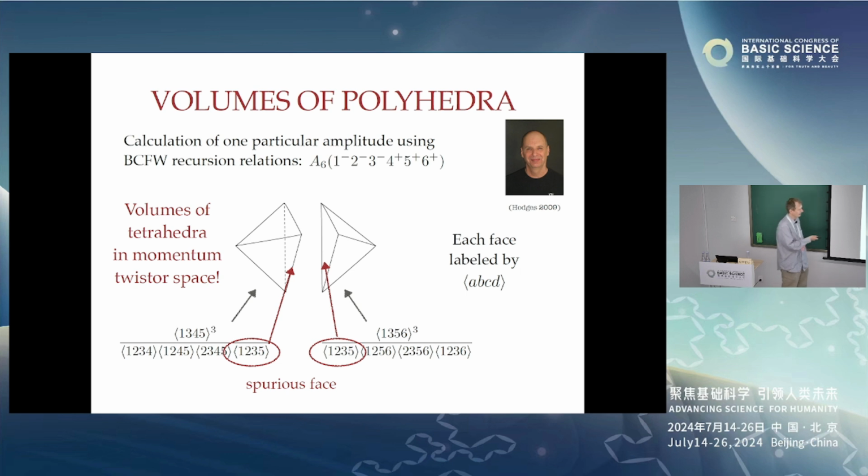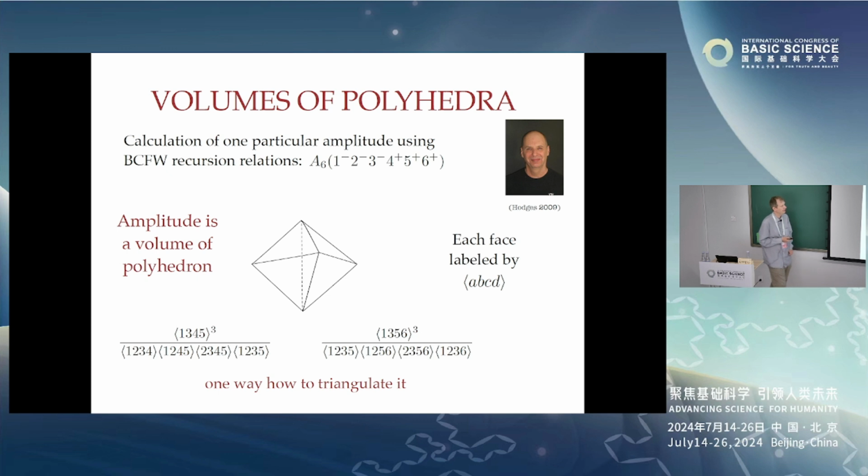Now, interestingly, the things that are in the denominator of these formulas correspond to faces of these tetrahedra. The tetrahedron has 4 faces, and one of the faces, when you glue these two things together, is spurious. So once you glue them together into the polyhedron, that face disappears, and that's exactly what you saw. It's a spurious pole in the amplitude corresponding to the spurious face in the geometry.